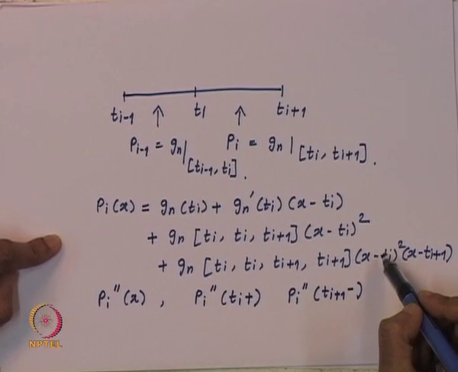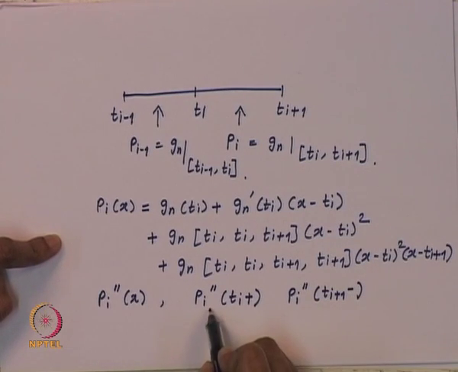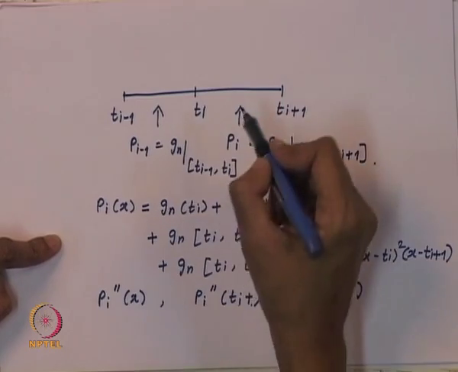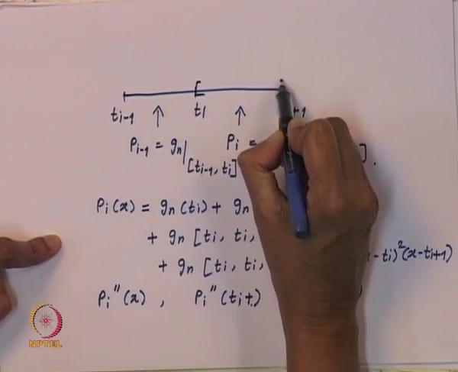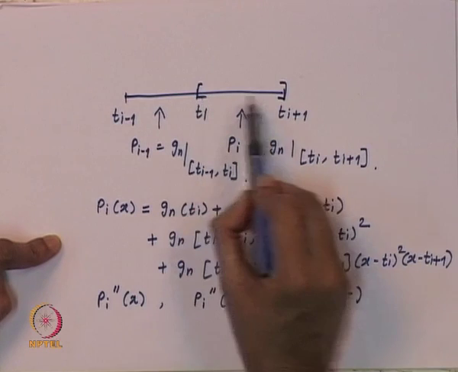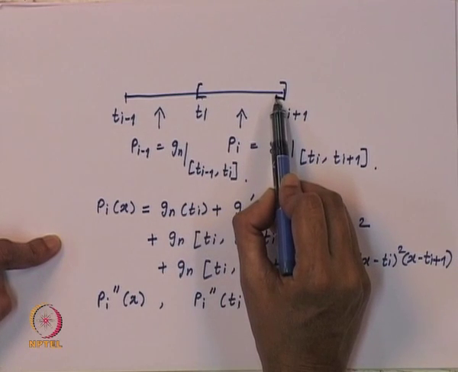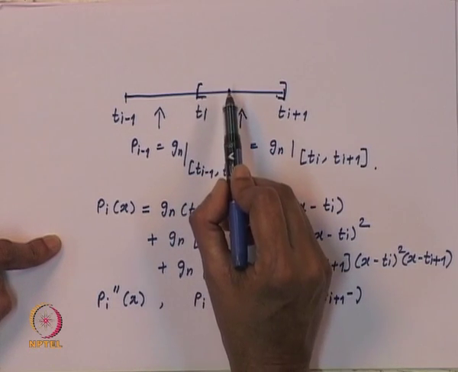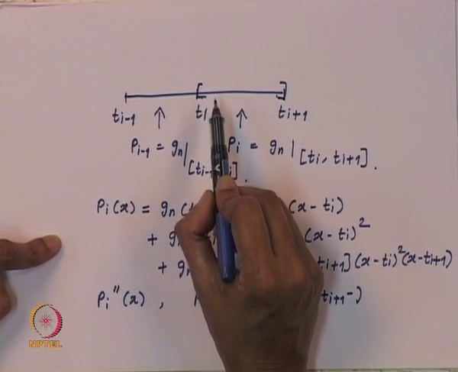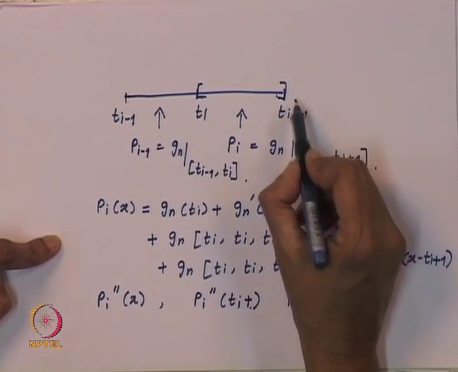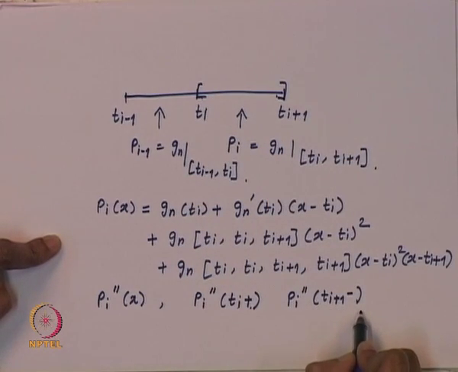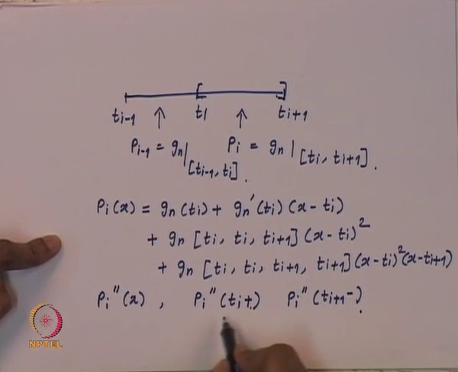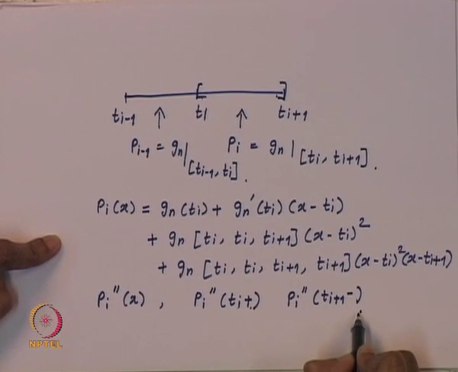The second derivative will be in terms of again g_n(t_i) and g_n'(t_i). I have written p_i'' at t_i plus because our p_i is defined on the interval t_i to t_{i+1}. So, the second derivative at t_i is going to be the right handed derivative, and at t_{i+1} it is going to be the left handed derivative.